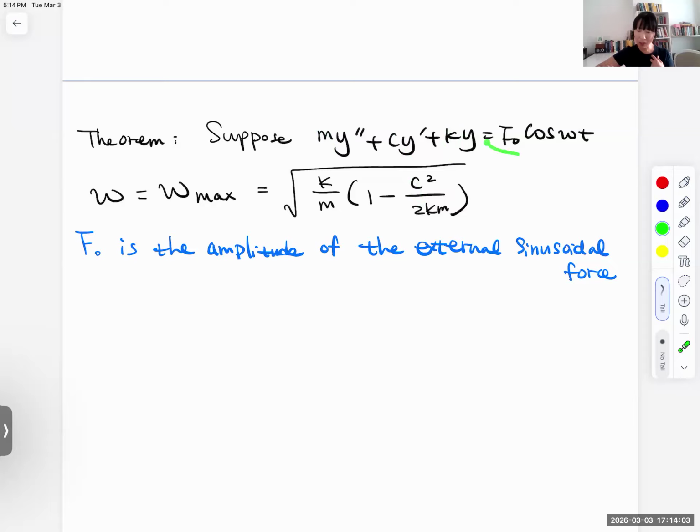And F sub 0 or F naught is the amplitude of the external force. We learned about sinusoidal functions, sine function, cosine function, a fancy word, sinusoidal. So sinusoidal force is about the cosine function or sine function, all right?